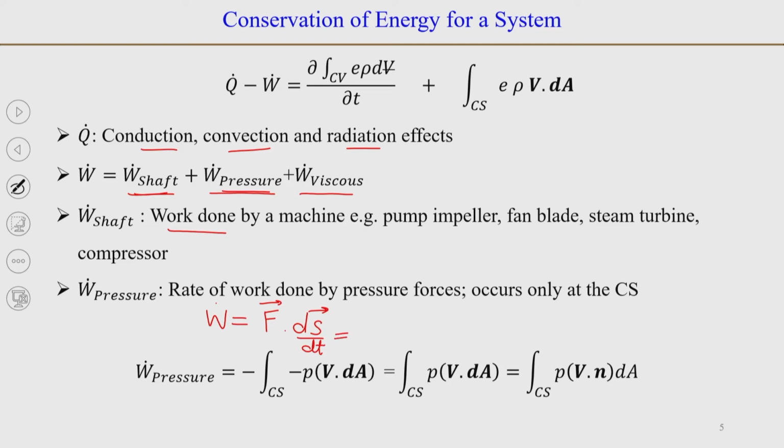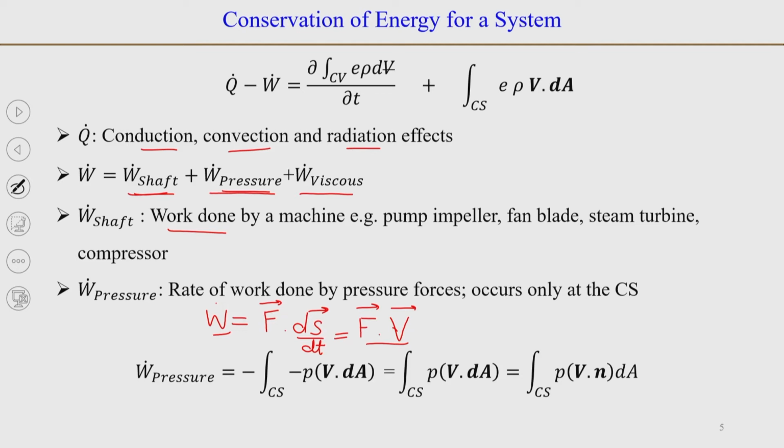We can write this as F dot v, since ds by dt is nothing but velocity. So, the rate of work done is the dot product of force and velocity.